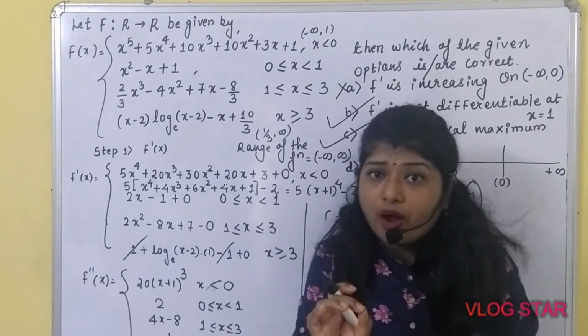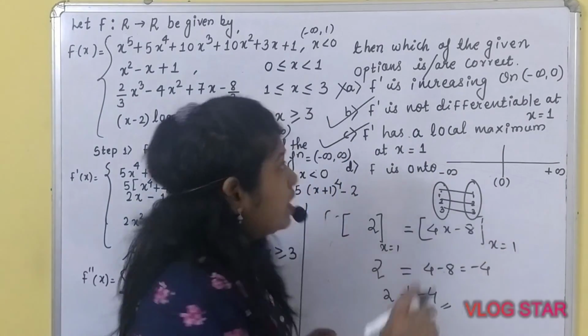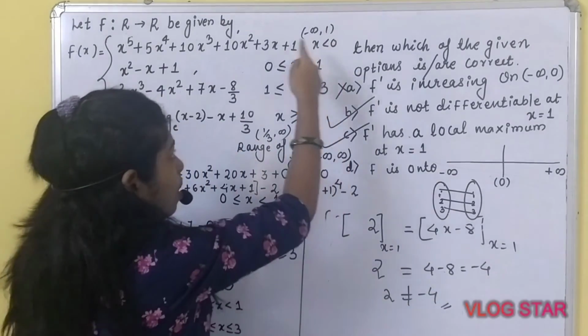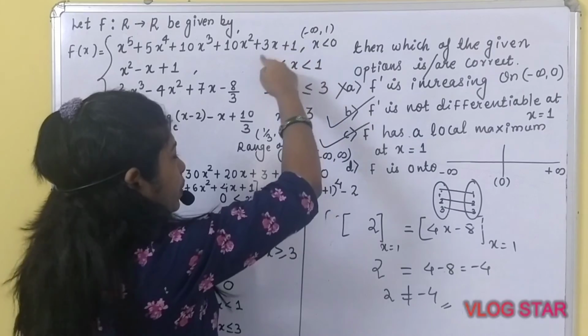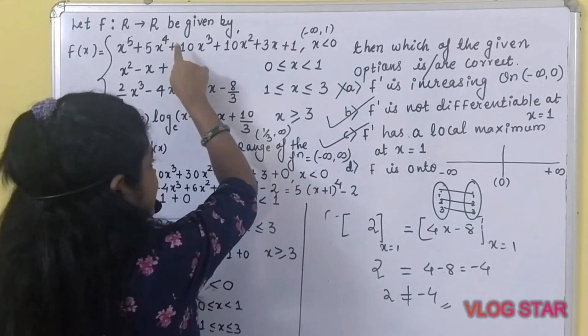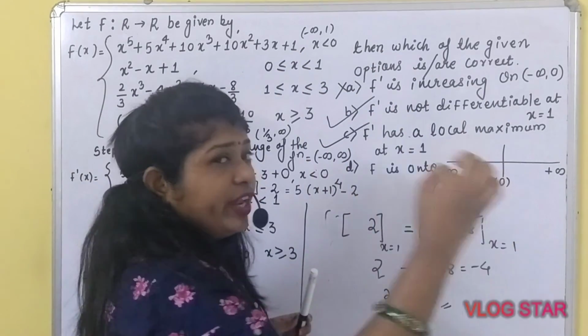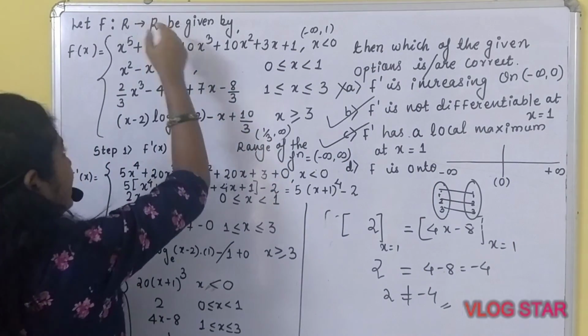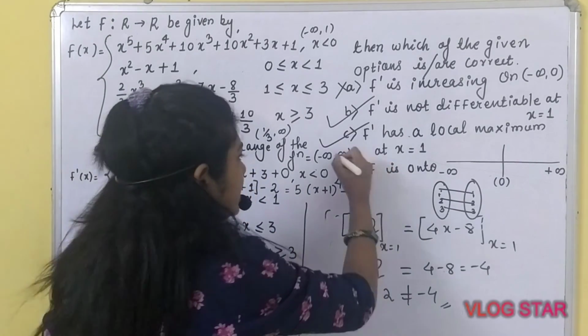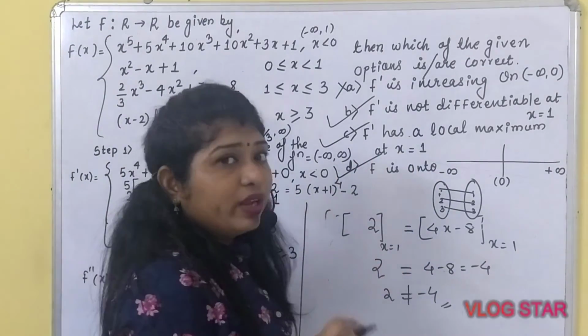So already we found the range. What was that range? Minus infinity to plus infinity. So all the values between minus infinity and plus infinity are covered, which means that each and every value of the codomain comes from the domain. It means that this option is also correct.